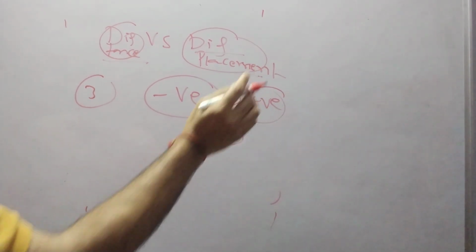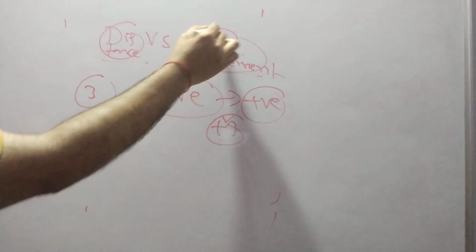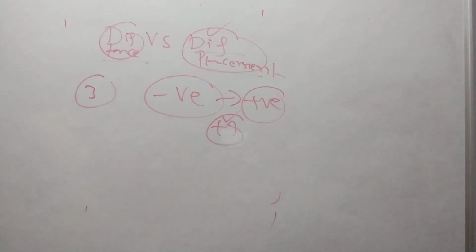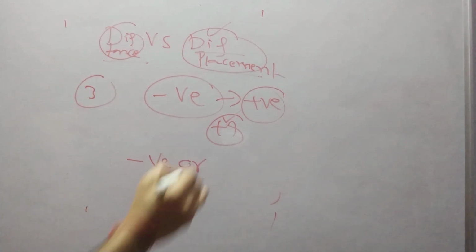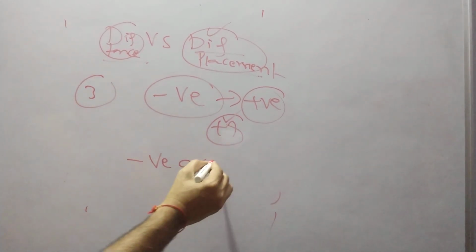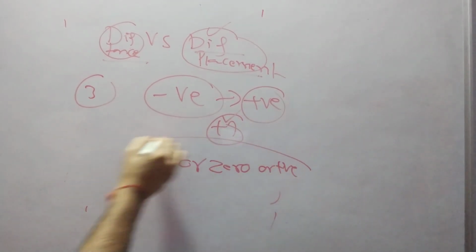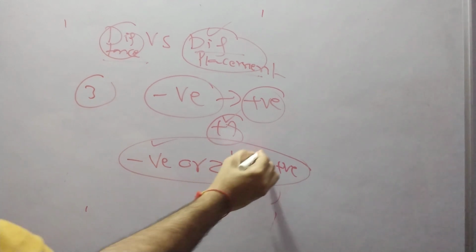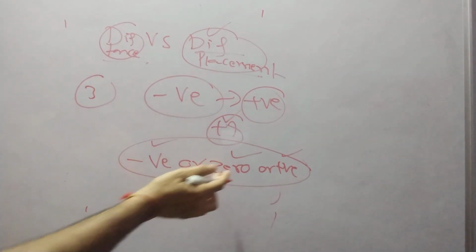So your distance value will always be positive. Whereas the displacement value may be negative, 0 or positive. It can take any value. Distance has only positive values.